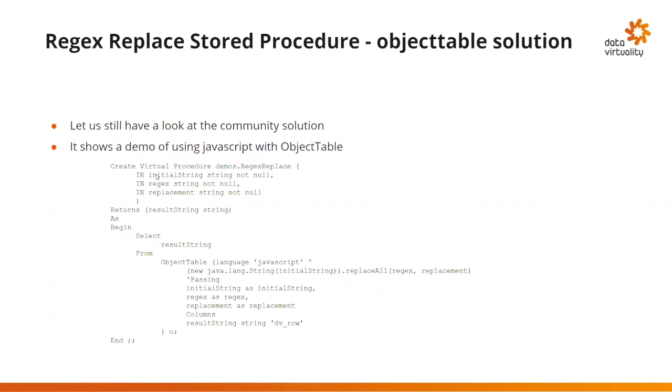We called it regex replace, and then the three different parameters: the string that is to be replaced, then the regular expression of what is to be replaced, and then the replacement, basically what it shall be replaced with. Of course, this returns the result set. And here now is the definition, right? We are just using object table with the language of JavaScript.